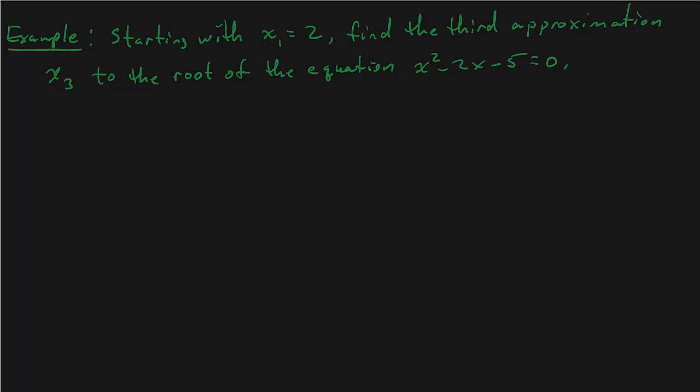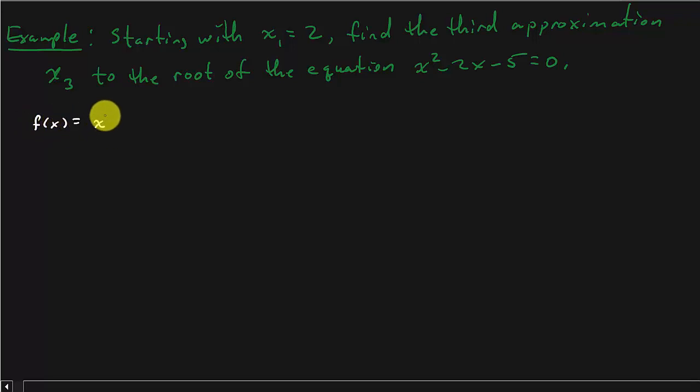We've got f of x is equal to x squared minus 2x minus 5. This is our function right here. And we have f prime of x is equal to 2x minus 2.